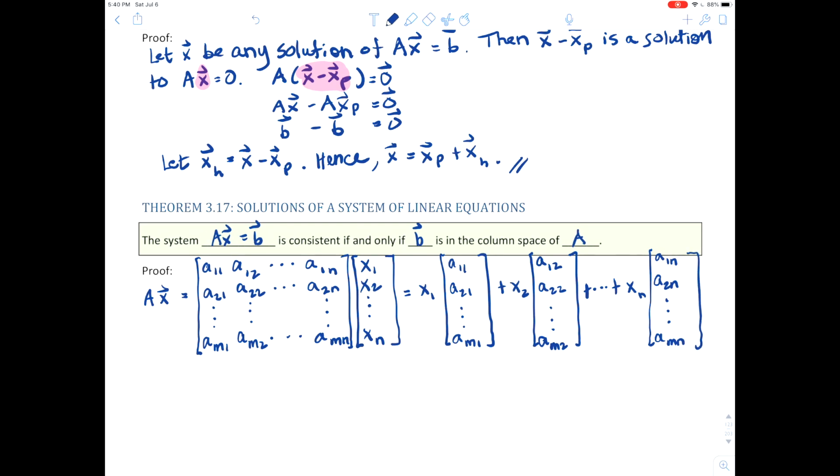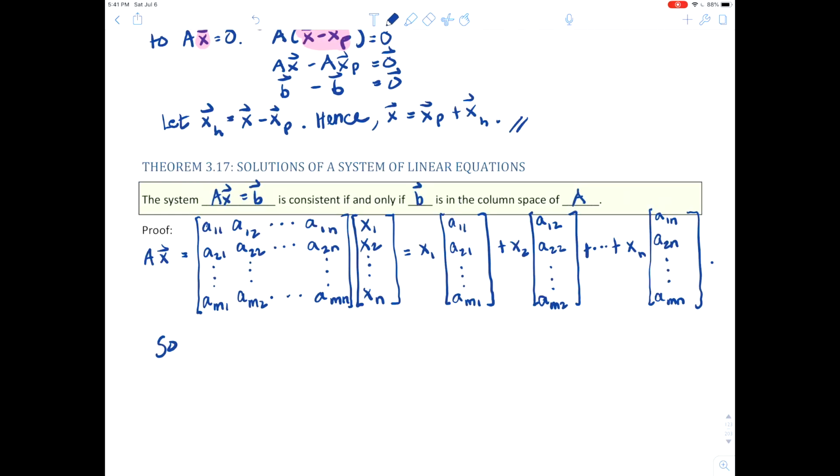And so what have we done? We have written A times x as a linear combination of the column vectors, right? So what does that mean?